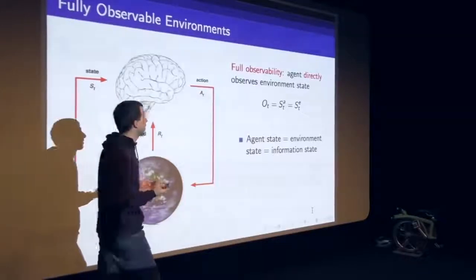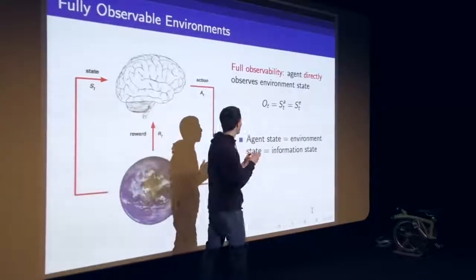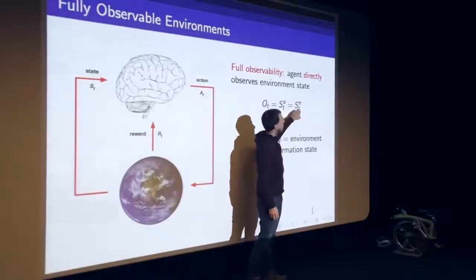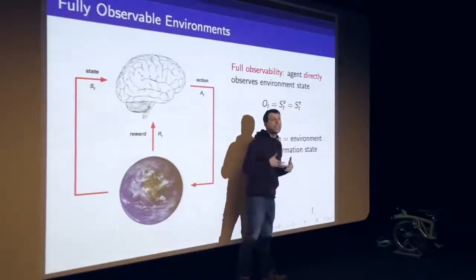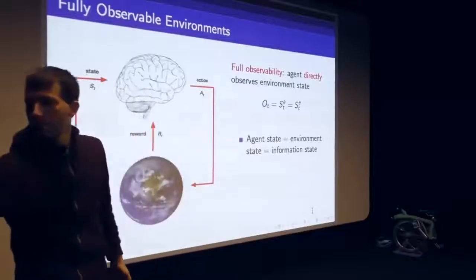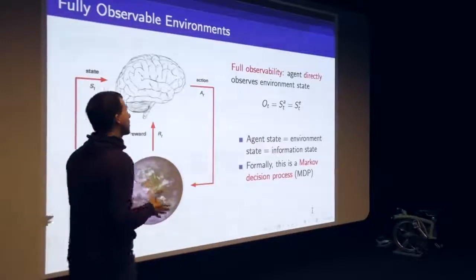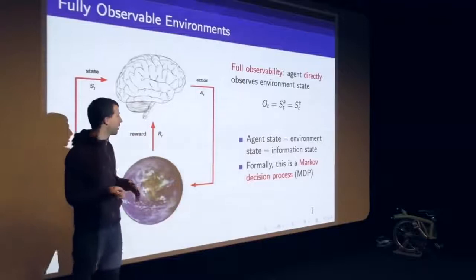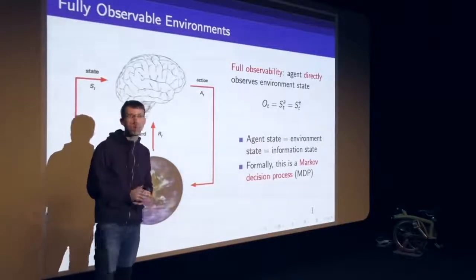And so another way to say that is that all of these things collapse to the same quantity. So the observation that we see is the same as the agent state, which is the same as the environment state. We get to see the environment state and use it as our agent state. And when we work with this type of representation, we come up with the main formalism for reinforcement learning, which is called a Markov decision process, or MDP for short.